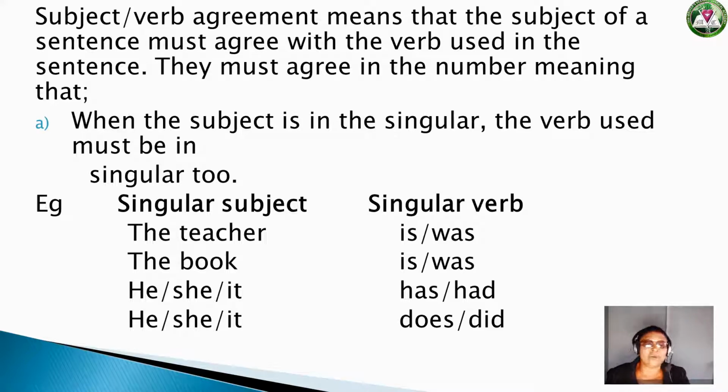Another example: the book is, or the book was. The third example: he has, she has, it has. The fourth example: he does, she does, it does.